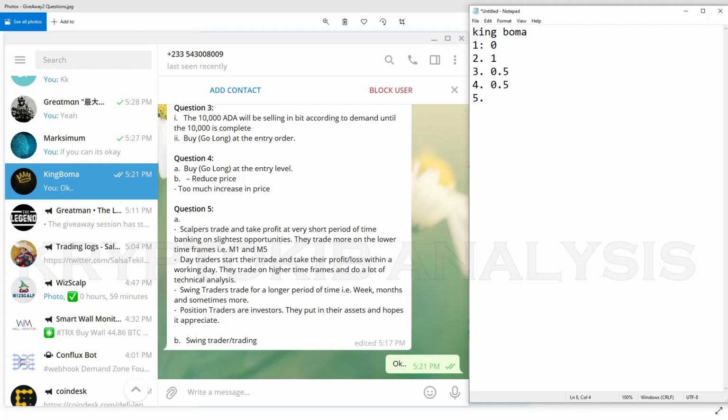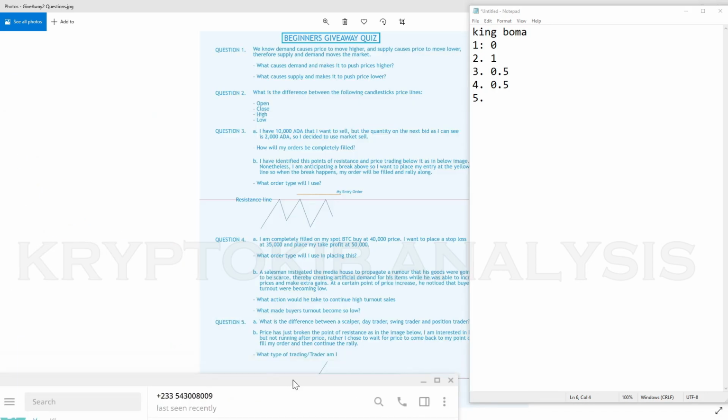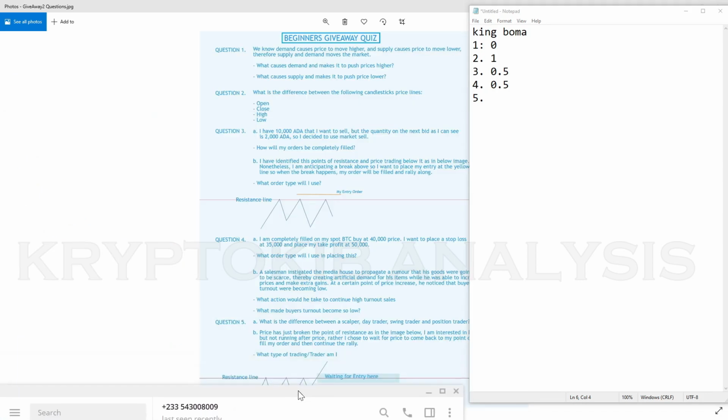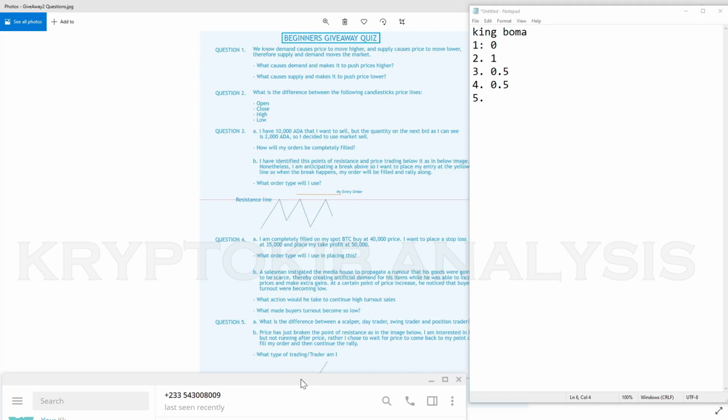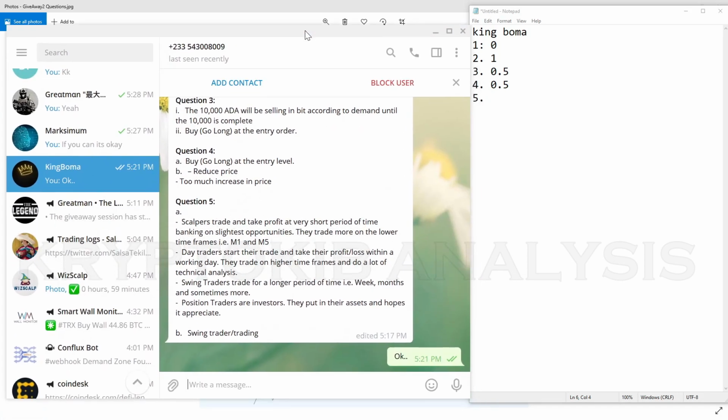Then number five, the last question. The difference between a scalper, and then B will be what type of trading? Let's do that one, 0.5, 0.5. Scalpers trade and take profit in a very short period of time, banking the slightest opportunity. That's correct. Day traders start their trade and take profit or loss within a working day.